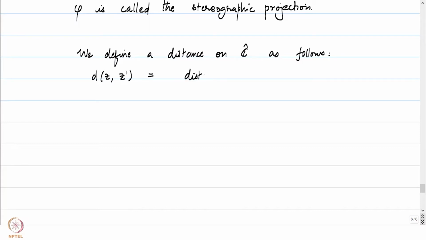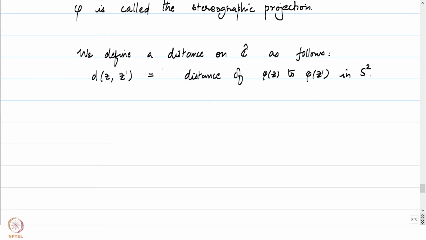We define a distance on C hat as follows. Distance d of z comma z prime is equal to the distance of p of z to p of z prime in S2, which is contained in R3.